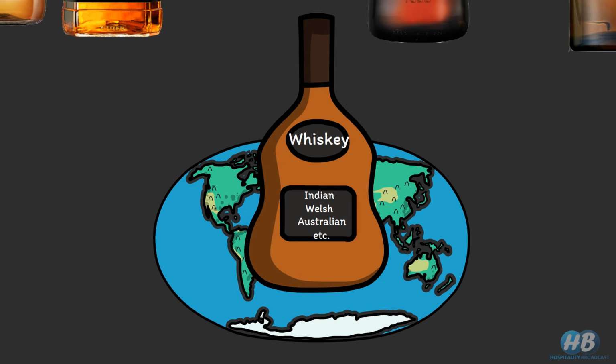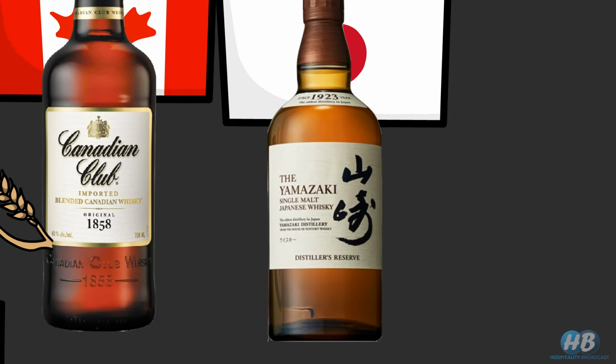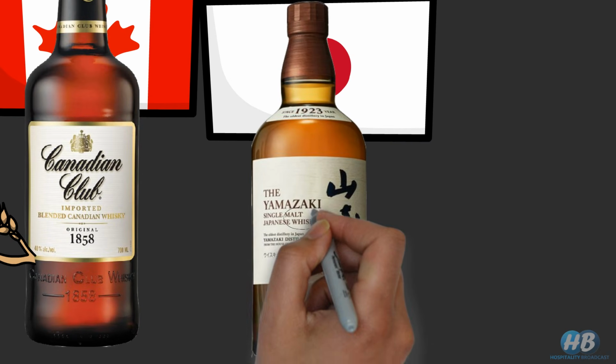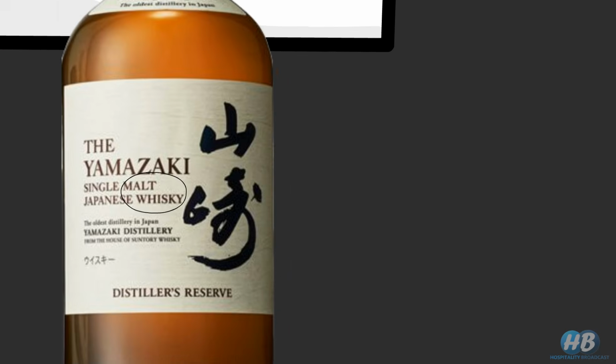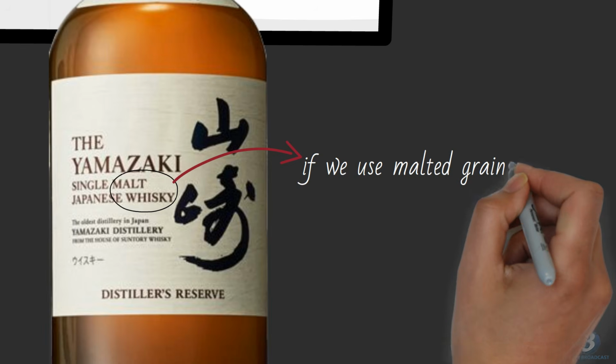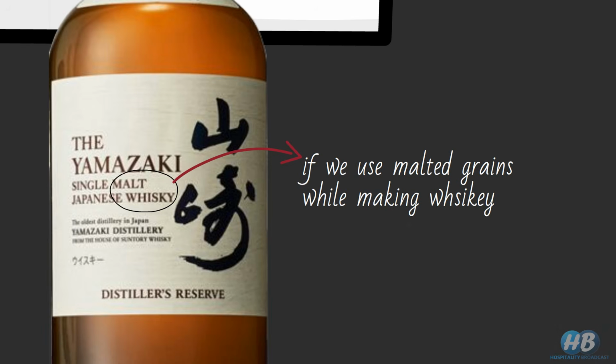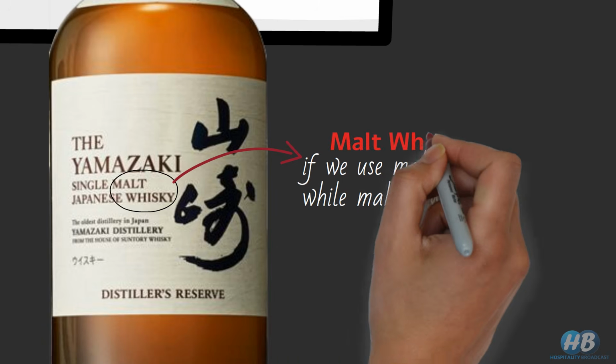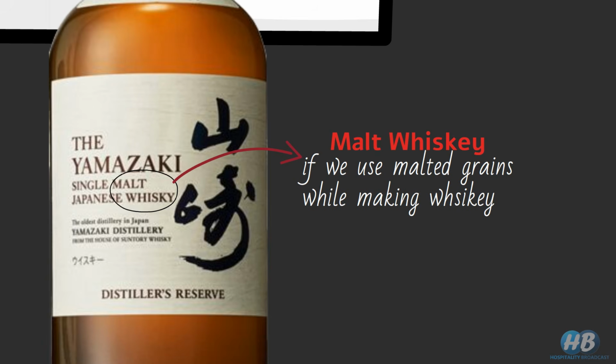Now on many bottle packagings, you must have seen written malt whiskey. As you can see on this Japanese whiskey, simply if we use malted grains while making whiskey, then it would be called malt whiskey. For malted grains, simply the grains you are using are firstly moistened and allowed to partially sprout these kinds of shoots and rootlets, called germination.